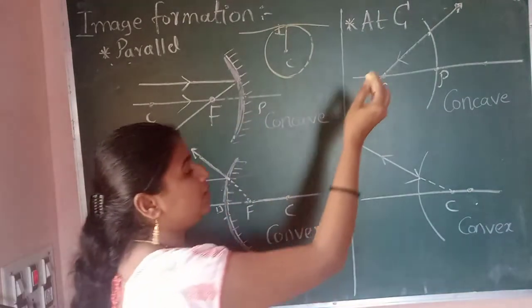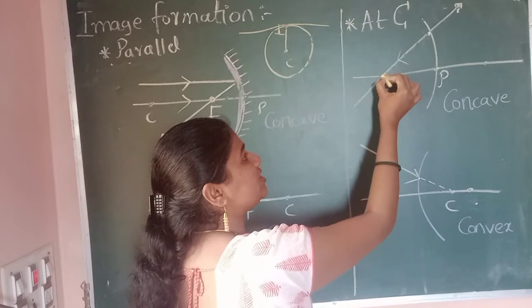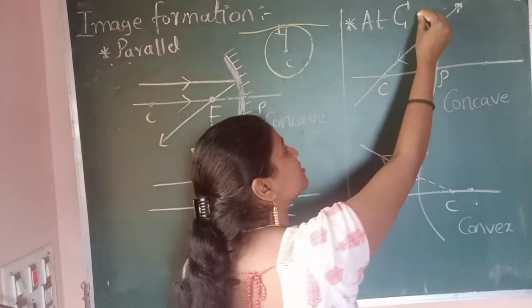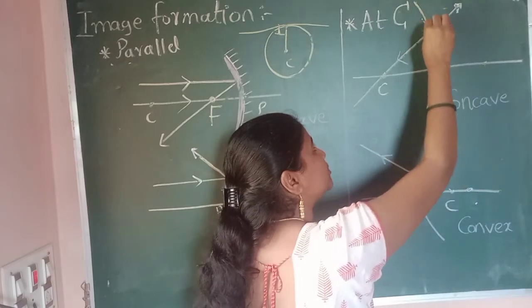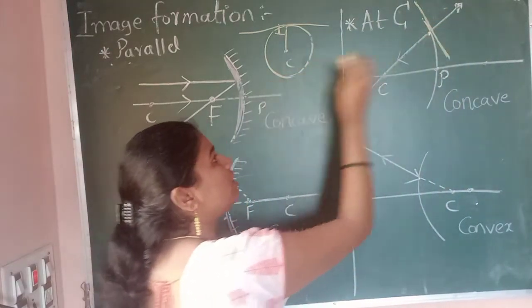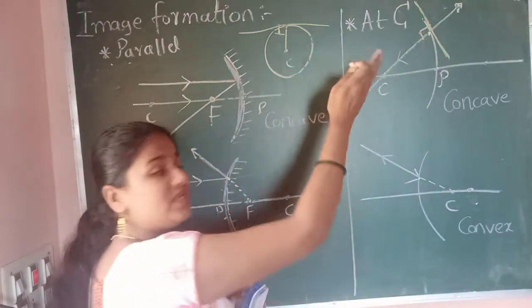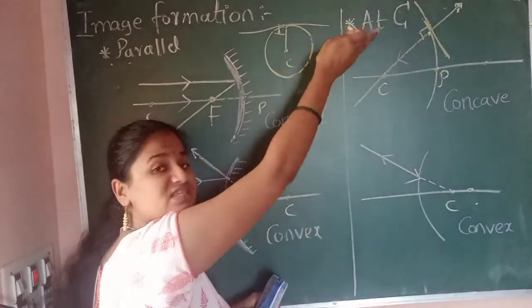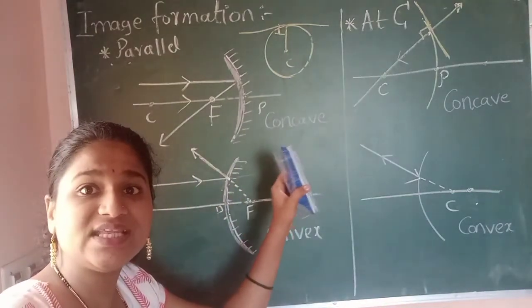Now, let us consider a ray of light passing through the center of curvature of a spherical surface. Here we can draw the tangent. According to this law, the incident ray is normally hitting the spherical surface. So the angle of incidence will become 0.